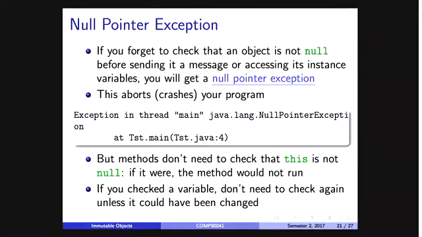And then after that, you've checked it. You know P is not null until you assign some other value to P. So you don't have to keep checking it over and over, but you have to check everything once.